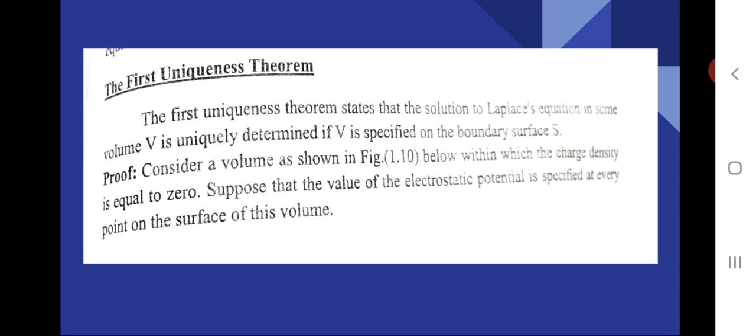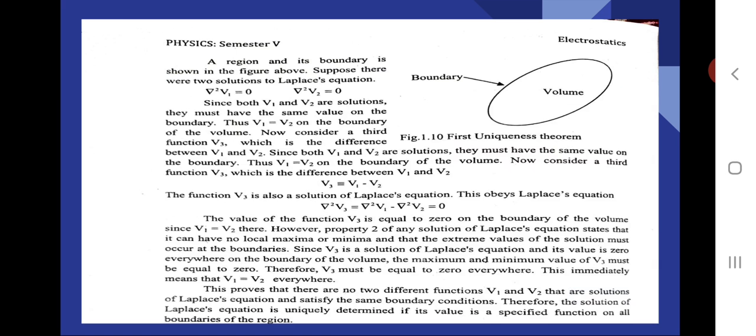Consider a volume as shown in figure, within which the charge density is equal to 0. Suppose that the value of electrostatic potential is specified at every point on the surface of this volume. A region and its boundary is shown in the figure above.